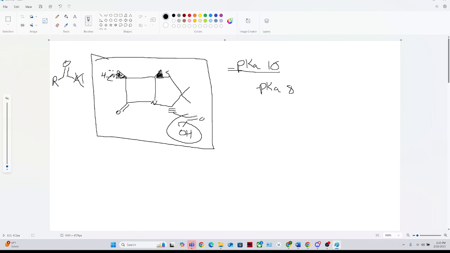That could cause an issue somewhere in the reaction timeline, whether it be setting up the reaction, purifying the reaction, or doing the workup. Additionally, I have this free amine right here. And I also have, in general, a beta-lactam, which is this four-membered strained ring that contains an amide inside.